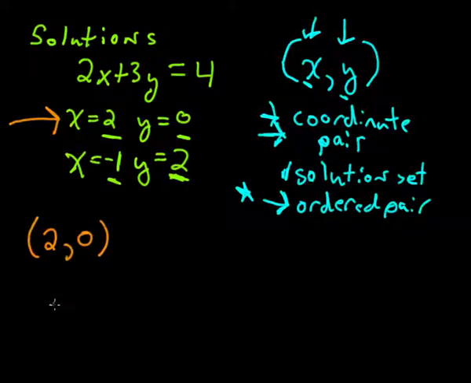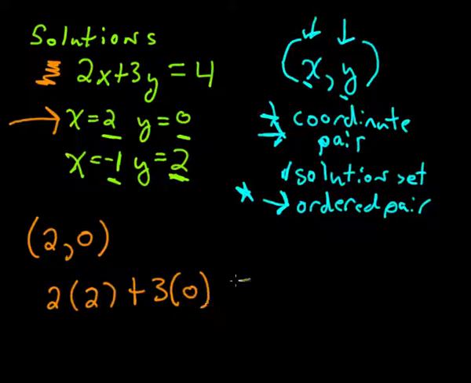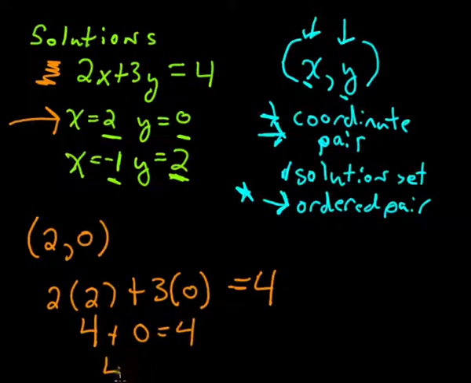Well, to check that, I'm going to plug into my original equation up here. 2 times my x value plus 3 times my y value equals 4. So I get 4 plus 0 equals 4. 4 equals 4. And so this is a good ordered pair.